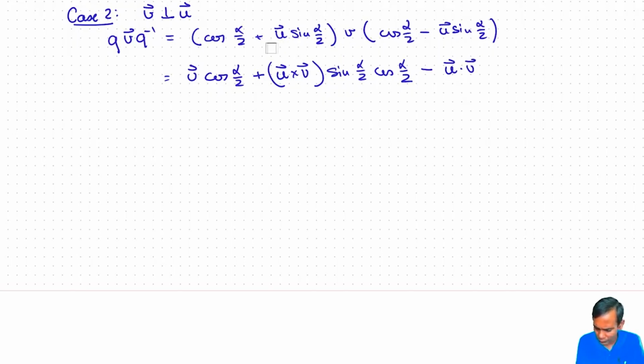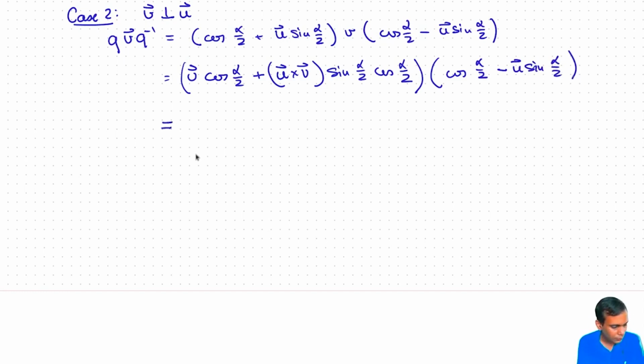So we've taken care of that, and now we have this multiplied by cos alpha by 2 minus u sine alpha by 2.